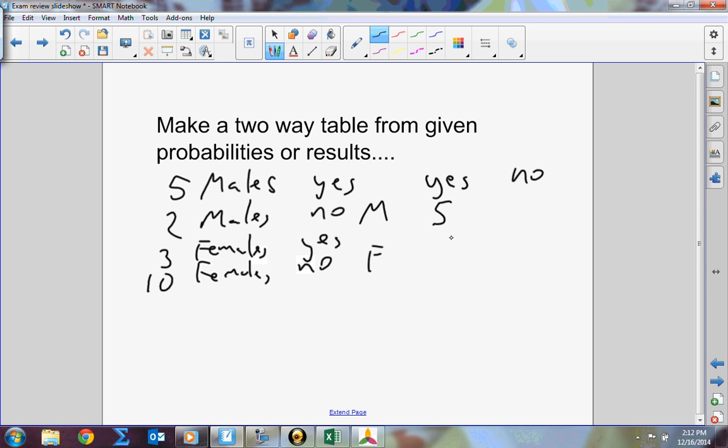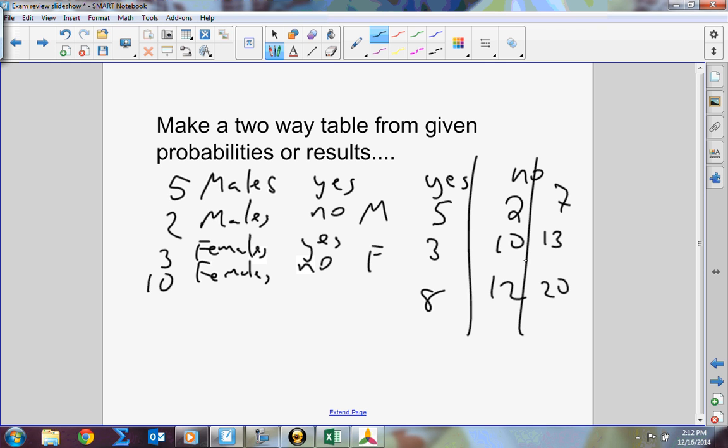And then you can fill in the rest. And then you should be able to do this from probabilities as well. It would just say instead of 5 males yes, it might say 0.2 males yes, and 0.1, and so forth and so on.